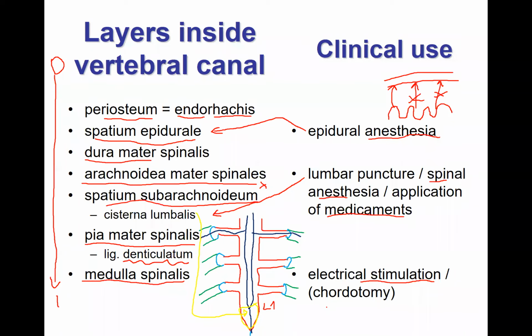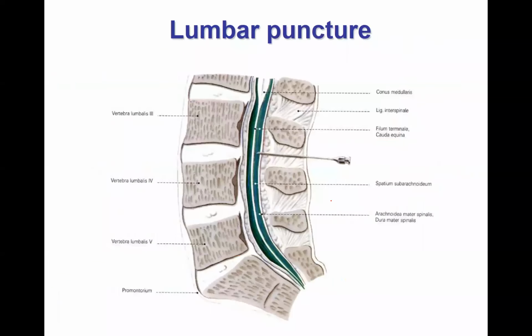In previous times, part of the spinal cord used to be cut during severe pains. Now we do not cut it anymore, we just stimulate it. So now you understand that it is important to know the layers, and we can move to some figures.